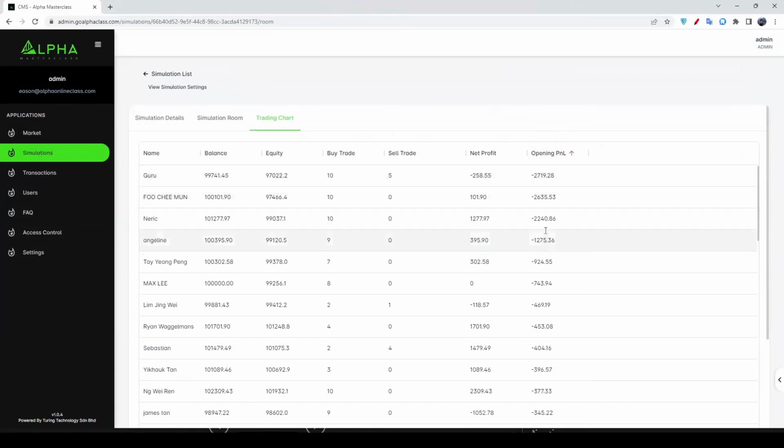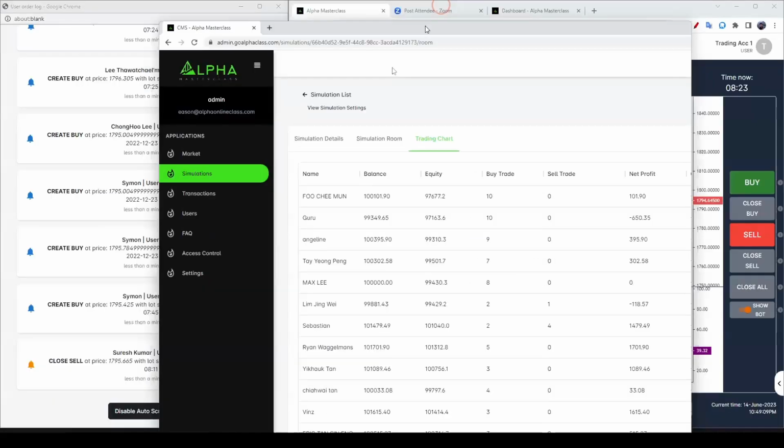Narek, drawdown. You guys are at 2% drawdown already. Angeline, $1,000 drawdown. Tae Yong Peng, about $1,000 drawdown. You can break through as shown in the graph.